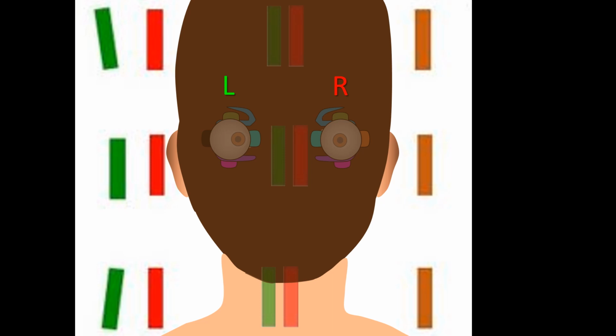Notice the similar relative position of the green and the red bars in each case and the crystals, represented by the color of the letters. The green bars are to the left of the red bars as the green crystal is to the left of the red crystal.